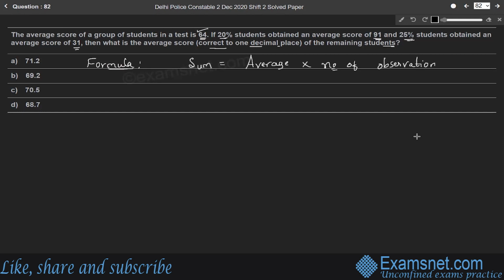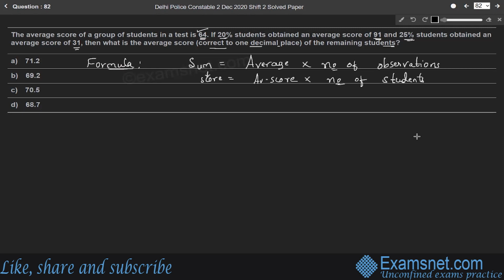In this particular case, the sum is replaced with score. Total score is equal to average score into number of students.